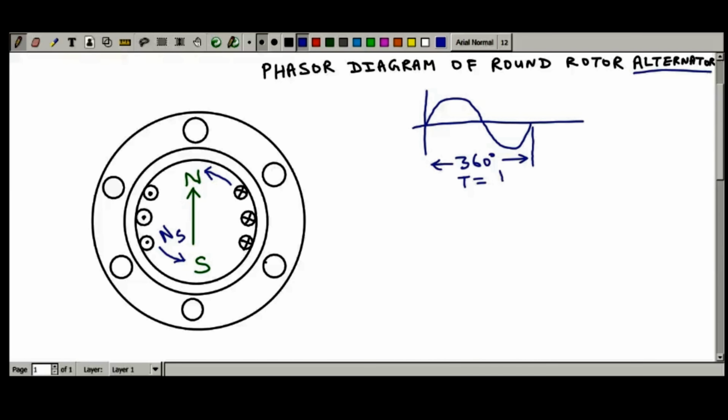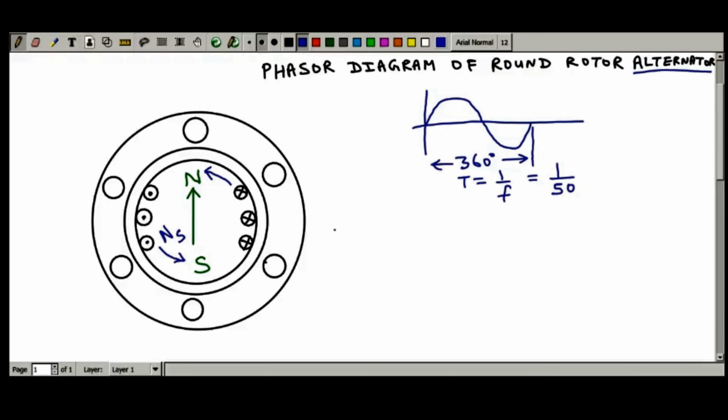But what is time period? Time period is the reciprocal of frequency, that is 1 by f. So if you want the induced EMF frequency in the armature winding to be 50 Hz, in that case your f will be 50.